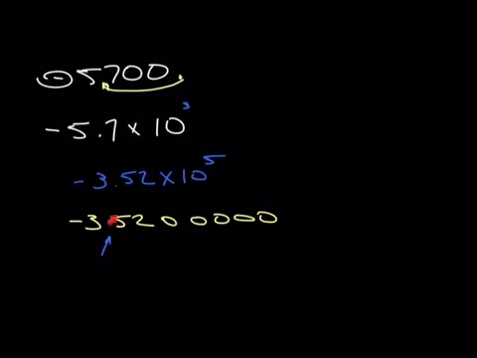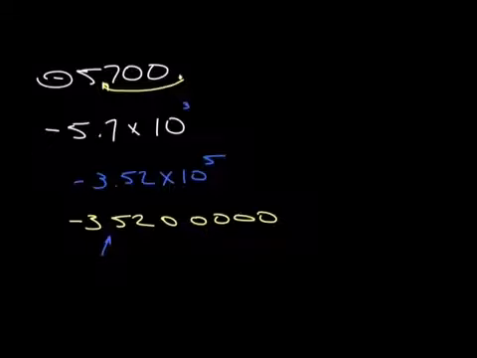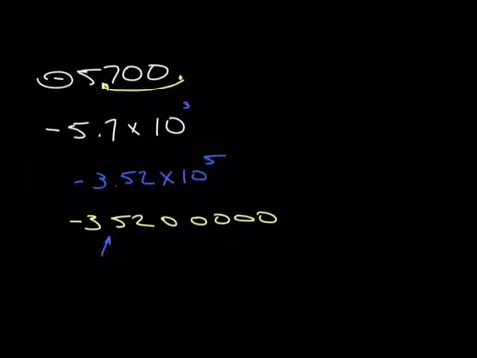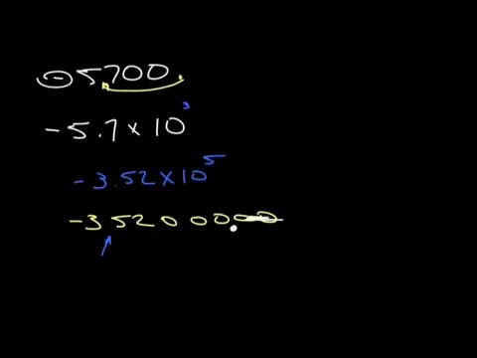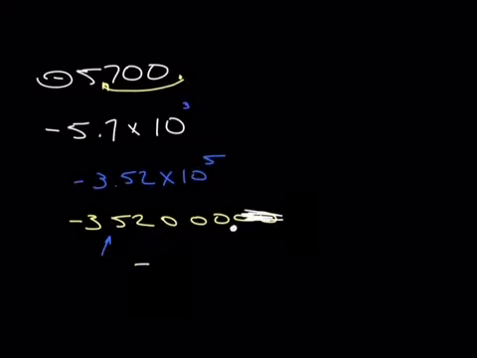So 5 over to the left, to the right, is 1, 2, 3, 4, 5. So my decimal's right there. So I can get rid of those. So my number is negative 352,000. So that negative doesn't really do anything. It just kind of stays there.